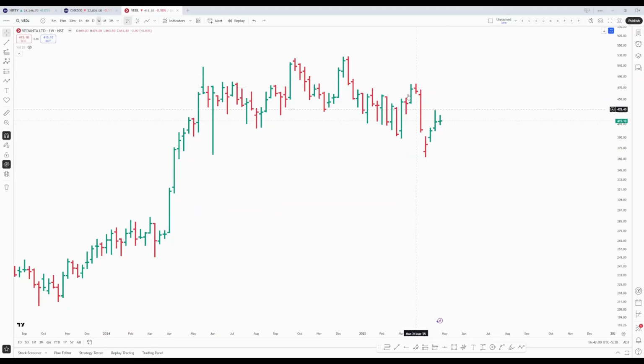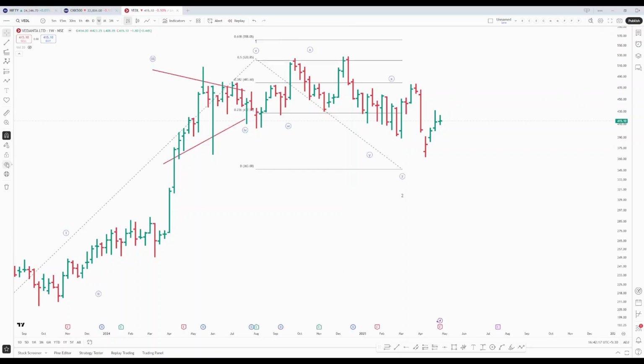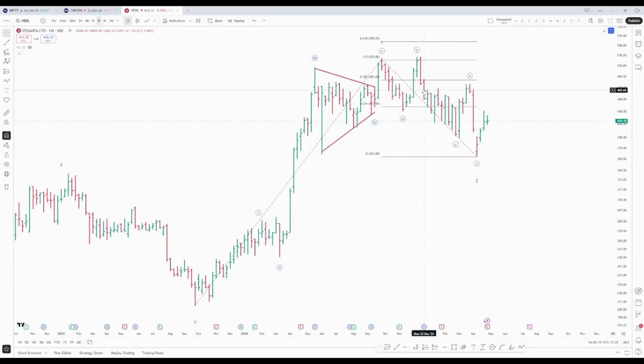So basically you don't have to go through all this, but there are certain issues when you are taking a shortcut, because in this particular case, for example, we are just taking this as our most significant swing high. But if you see our counts, we know that this is where wave 1 ended, not here.